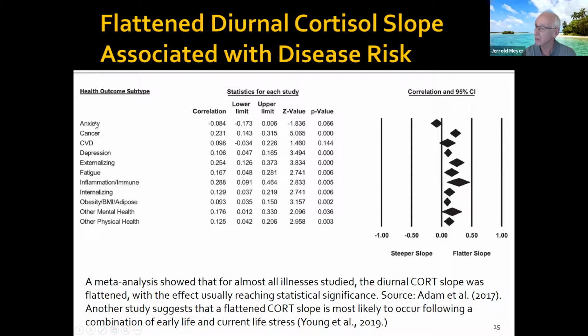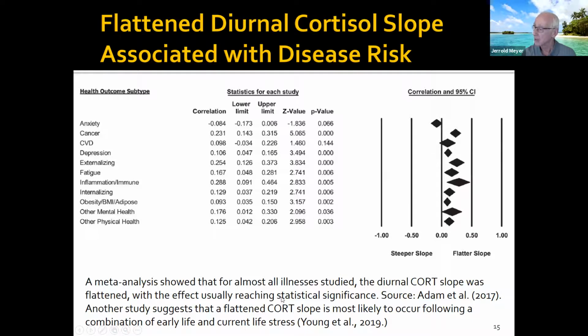So here, comparing people with the disorder against matched controls without the disorder among a number of studies, you have a meta-analysis. And here's each disorder. You can see all of them except for anxiety are in the direction of a flatter slope in people with the disorder compared to healthy controls. Anxiety is the only disorder in the opposite direction.